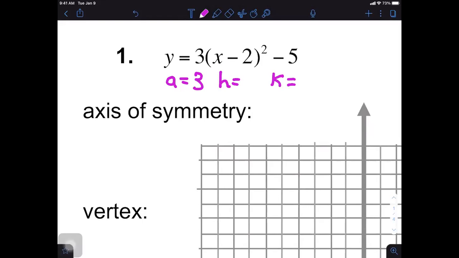The H is opposite of what it looks like. So it looks like -2, so it should be a +2, and then the last one is -5. Yep, -5. Remember, H is the one that we always look to be opposite.